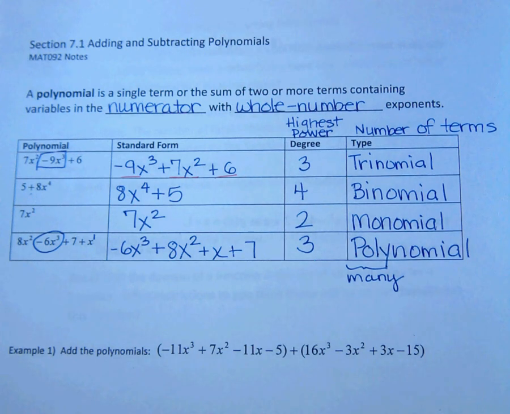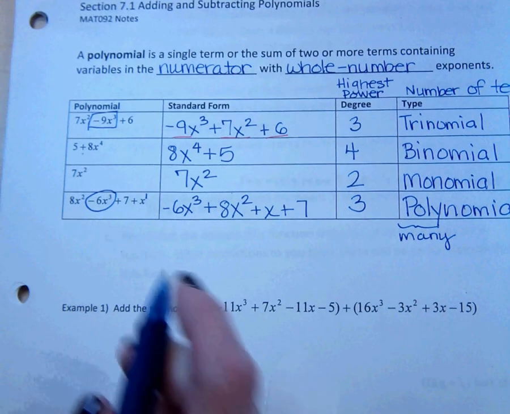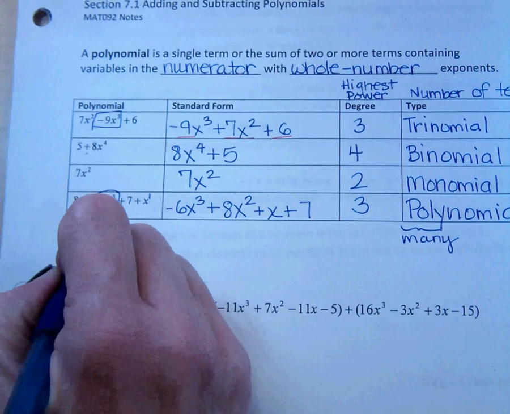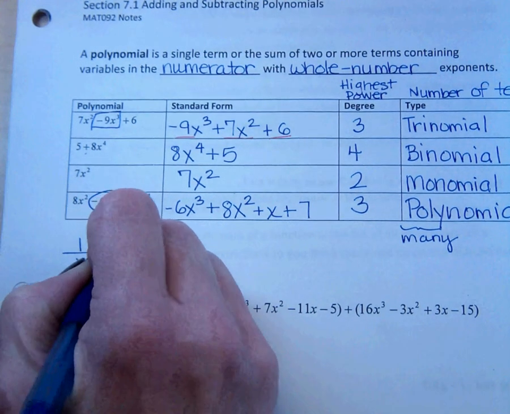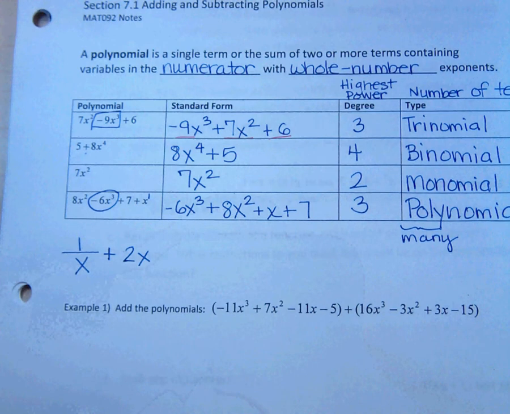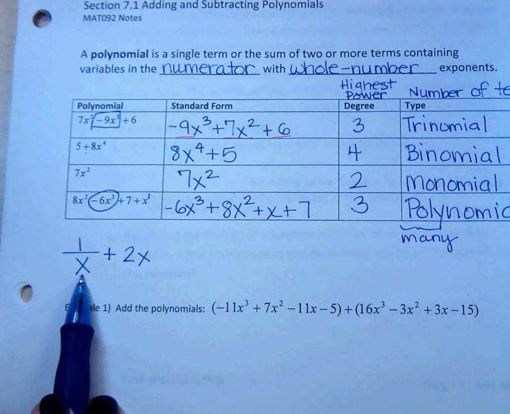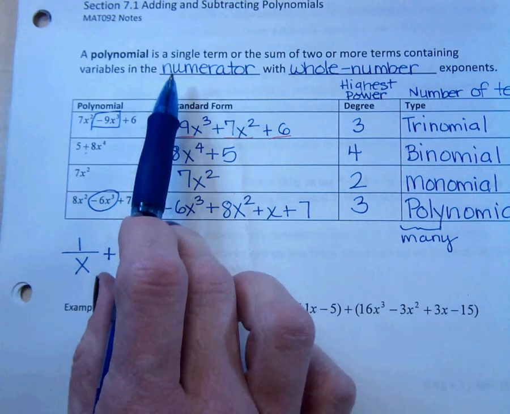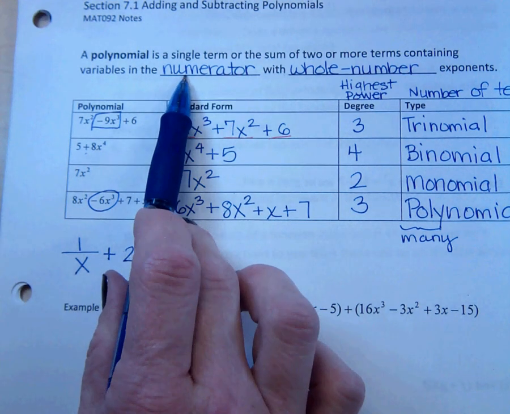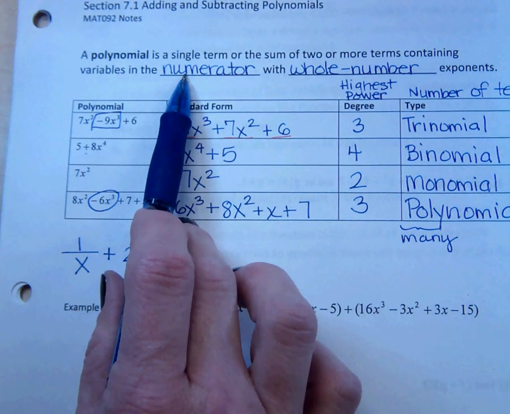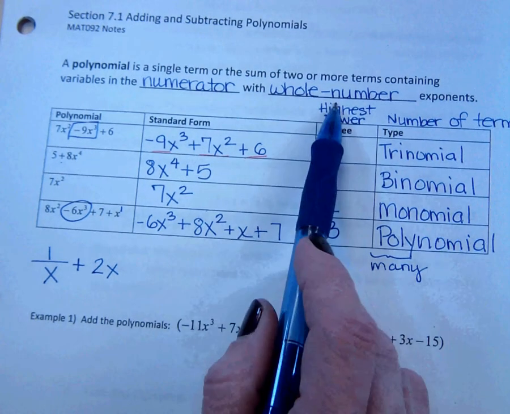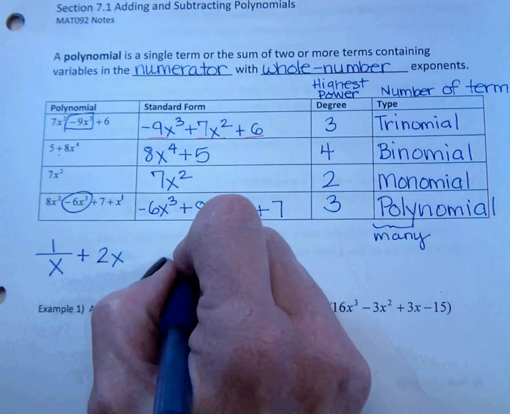Now let's look at some that would not be an example of a polynomial. So for instance, let's say I had 1 over x plus 2x. That would not be a polynomial because the x is in the denominator. Remember, we said the variables have to be in the numerator. We also need whole number exponents.